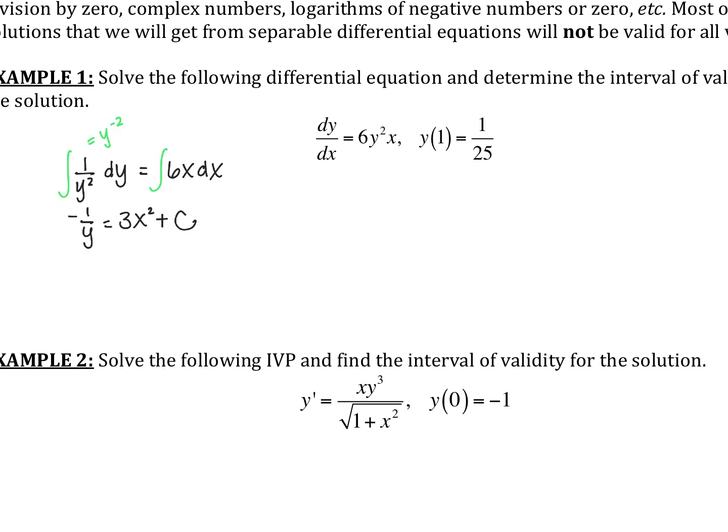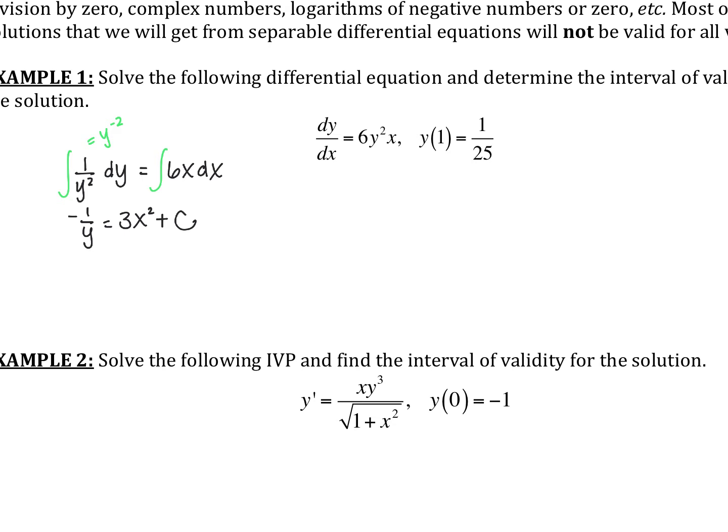You do not have to do any work to get y by itself to solve for c at this point. Sometimes it's easier not to. Sometimes you may want to. It's kind of up to you.